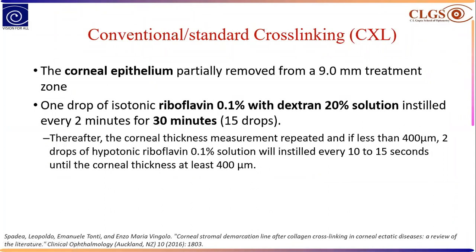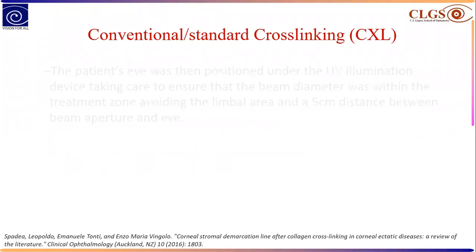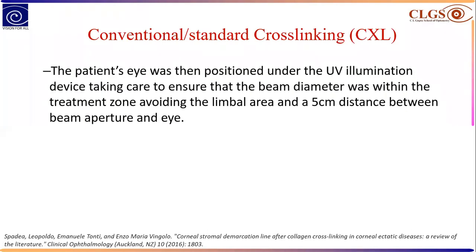It's very important that the corneal thickness should be 400 micrometer even after removal of the corneal epithelium. Why is it so? Once we apply the UV radiation, it should not reach the endothelium, because if it reaches the endothelium, it will destroy the endothelium cells. That's why the 400 micrometer thickness is the optimum requirement.